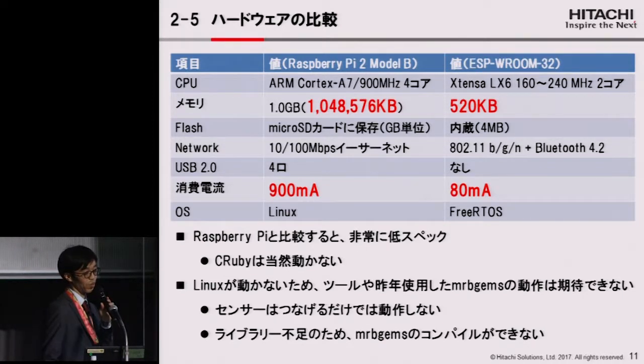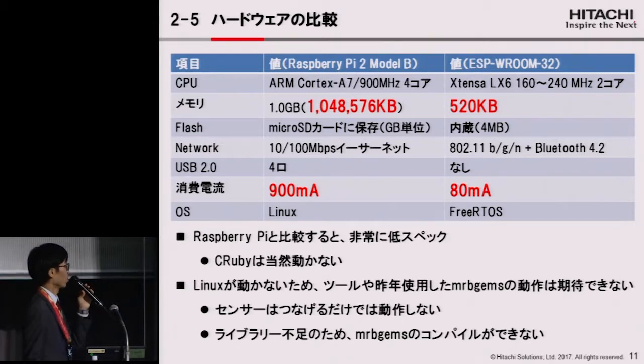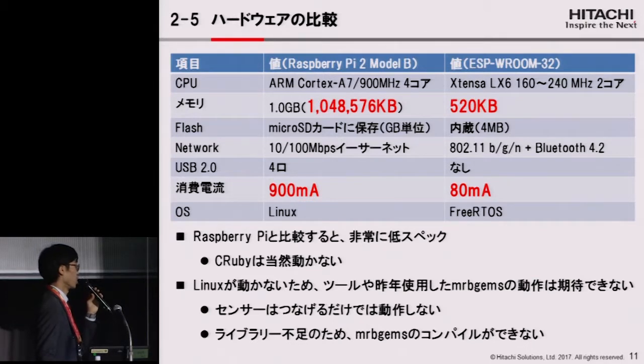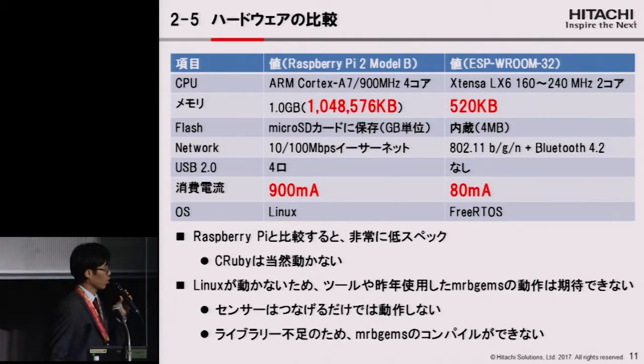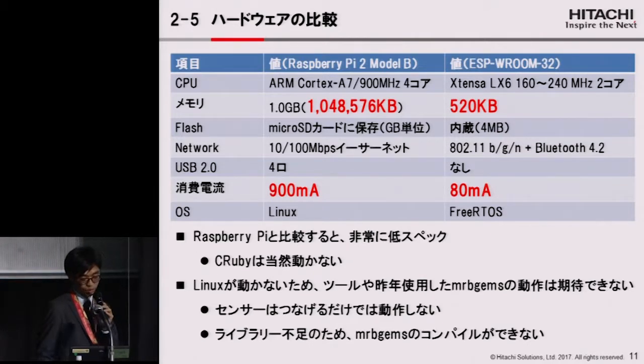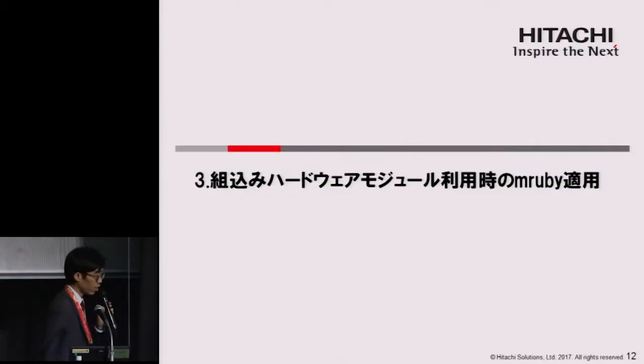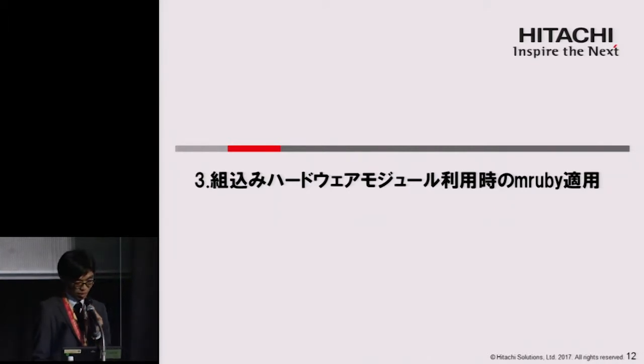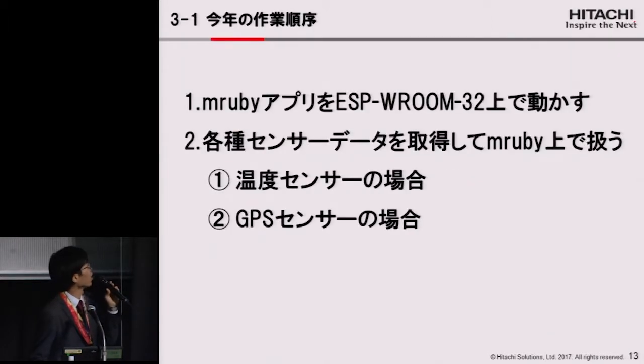But the ESP-WROOM-32 is not Linux, so existing mruby gems cannot be compiled, or they do not even work. Now I would like to talk about using this device, and this is how it is done.